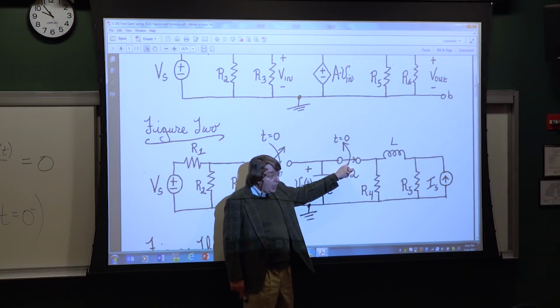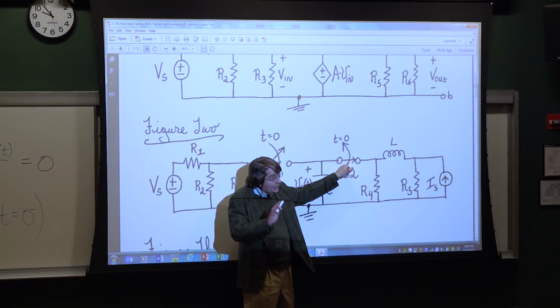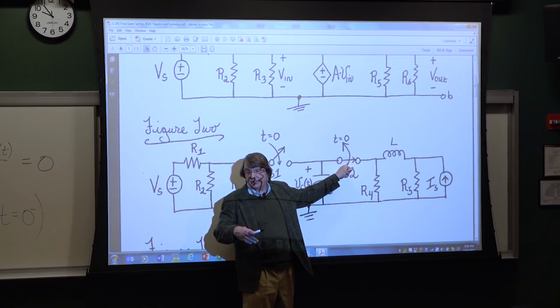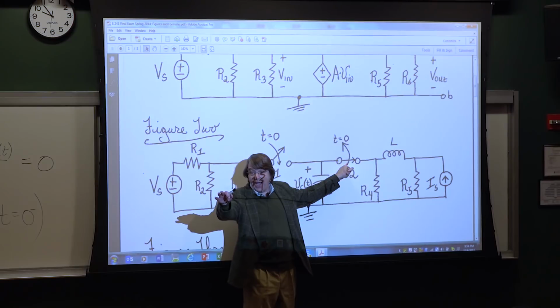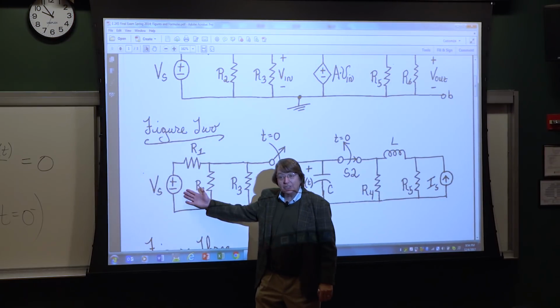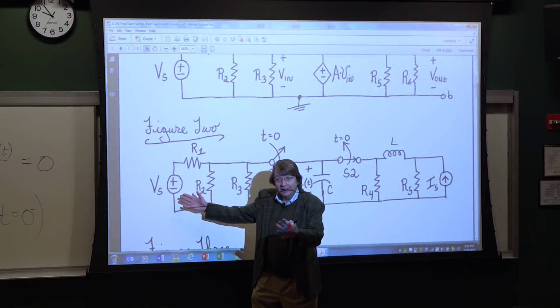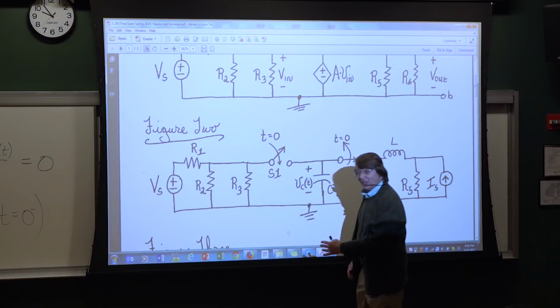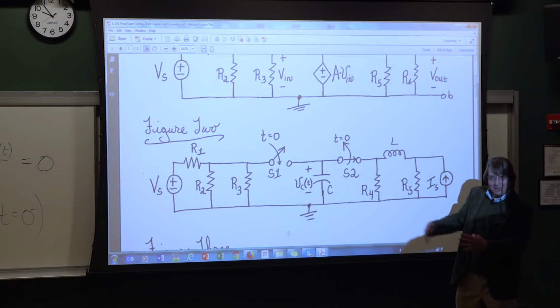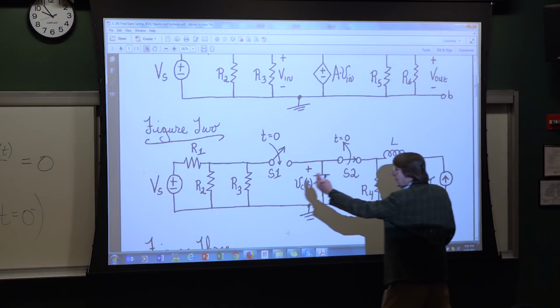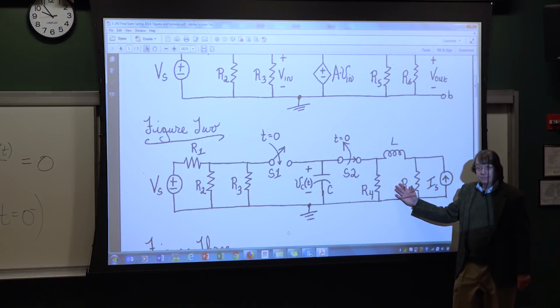This switch is still closed because it opens at exactly 0. We're looking at 0 minus. So now I'm not looking at the left side of the circuit. I'm looking at the right.